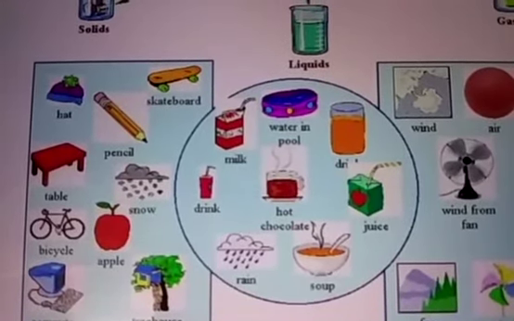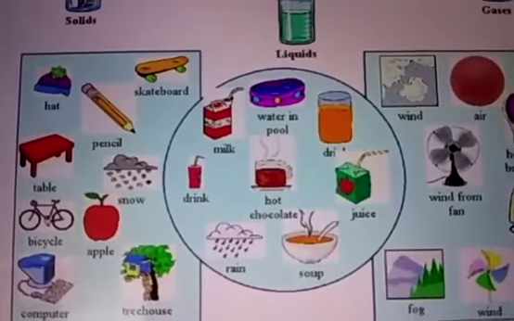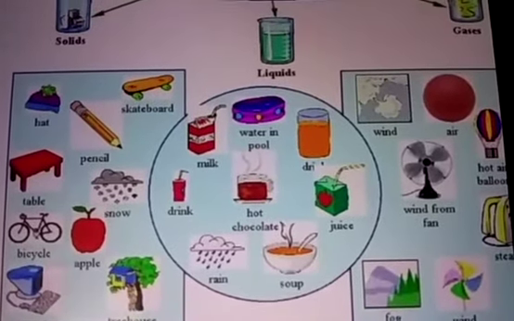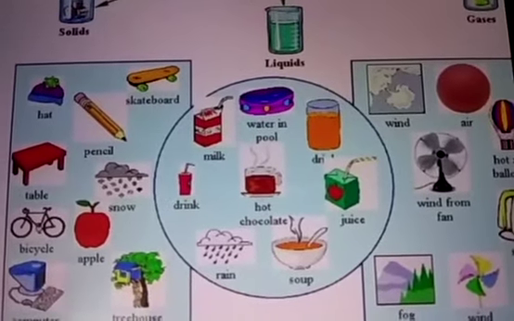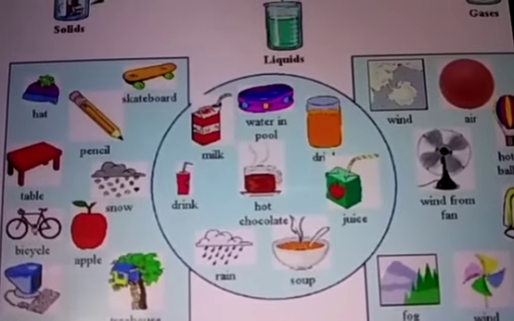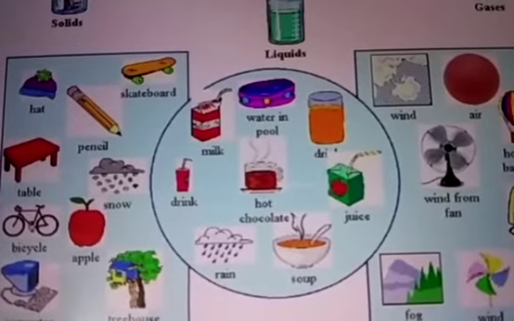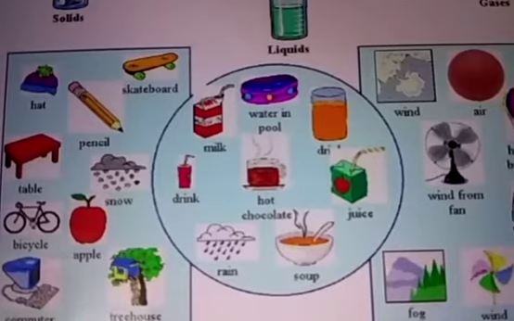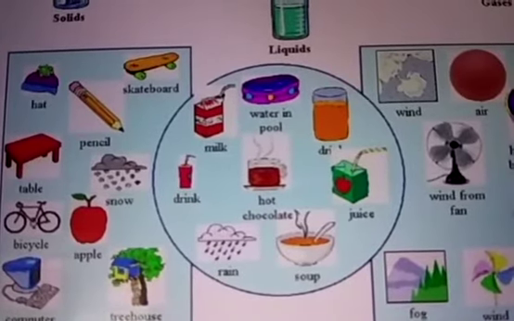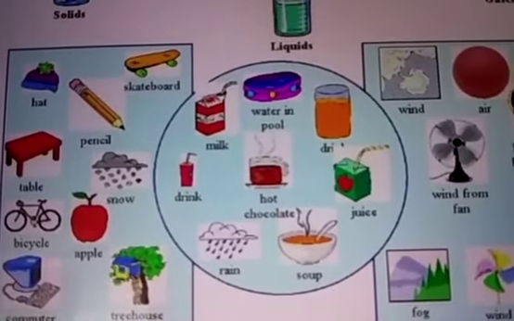Next we will go to the properties of liquids. Liquids do not have a definite shape. They take the shape of the container in which they are kept. For example, you can take some juice or milk or water. They are all liquids. Does water have its own shape?